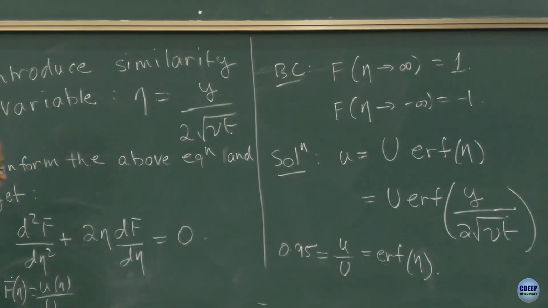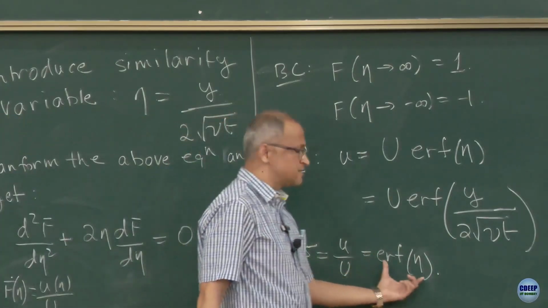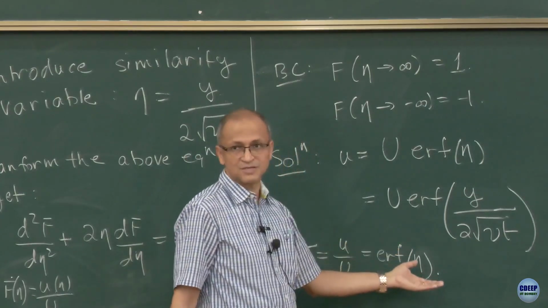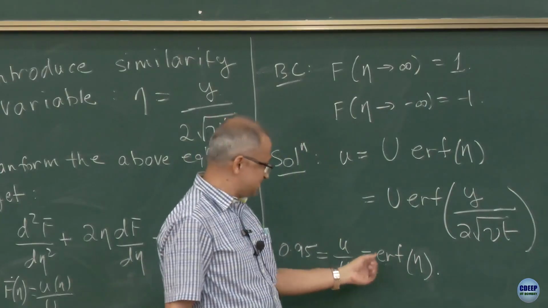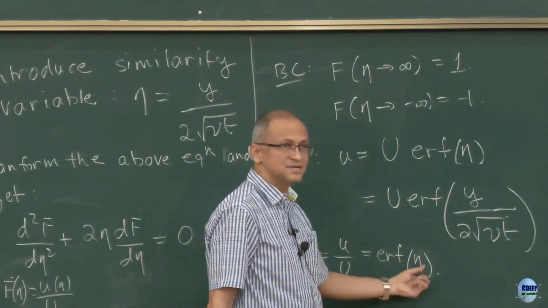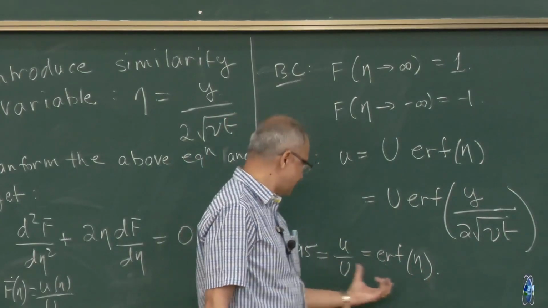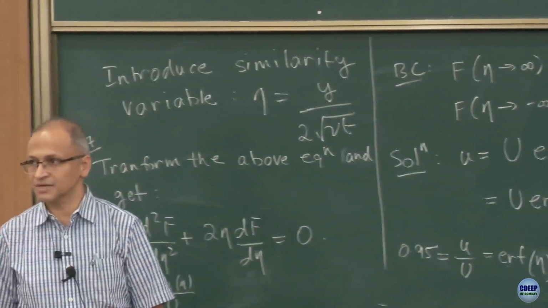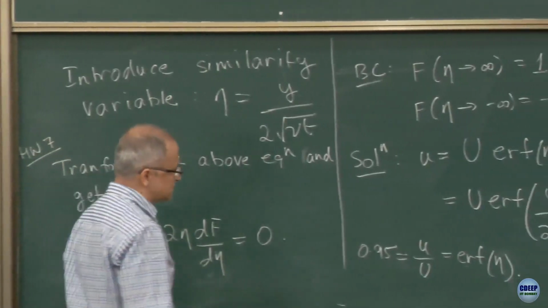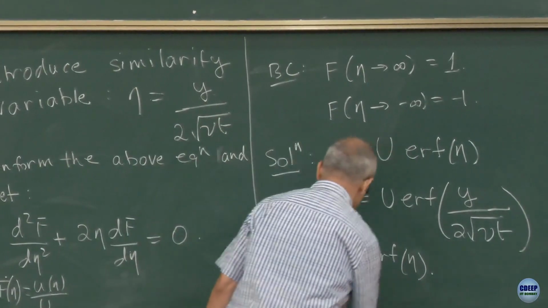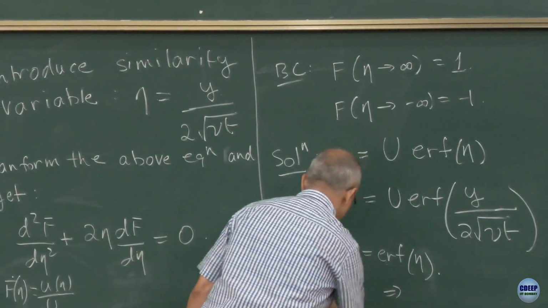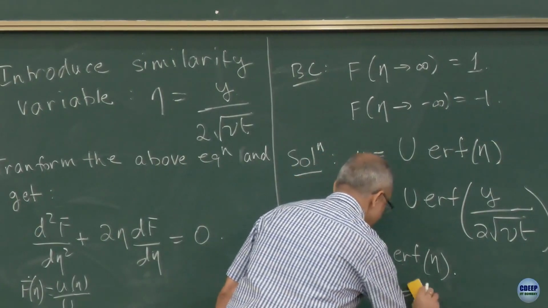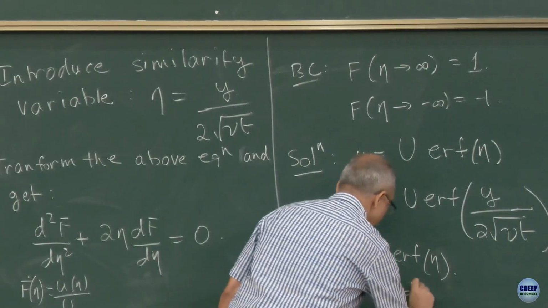Although it is not possible to directly invert the error function, we can go to a table or a graph and see where the value of the error function becomes 0.95. That gives eta equal to 1.38.